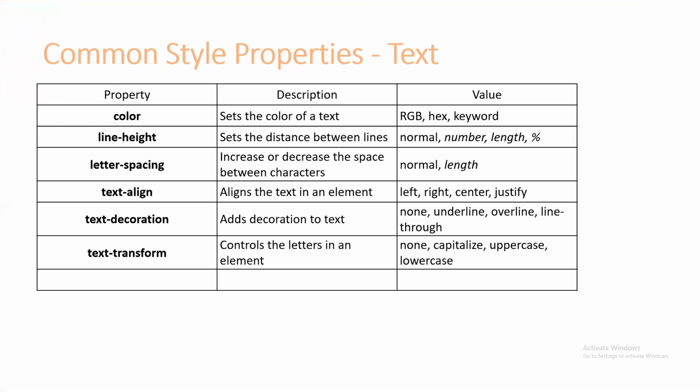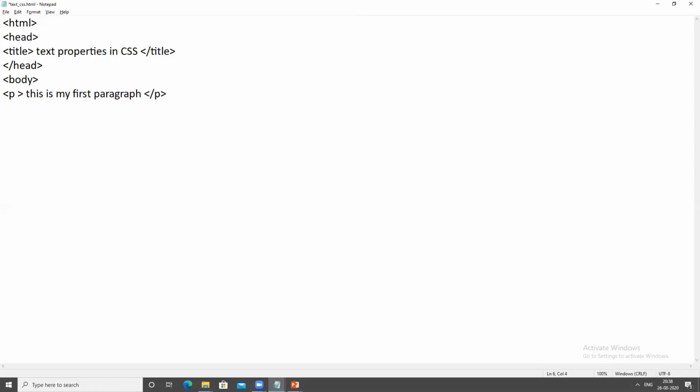These are color, line height. I specify the color. I write the style attribute and use inline CSS as I want to use only one p tag here. So instead of writing it in the head tag or creating an external CSS, I use inline CSS.